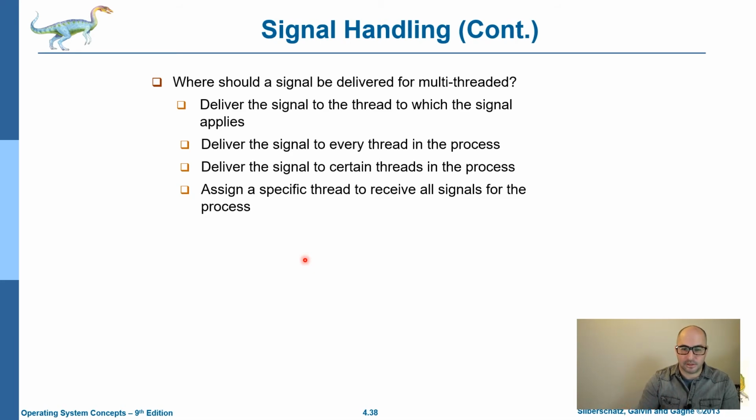For an asynchronous signal, the operating system may try to determine which thread is the proper one to deliver the signal to. Or the signal might be delivered to every thread in the process. The signal might be delivered to only a select number of threads, or the user might be able to specify the threads that receive those signals.